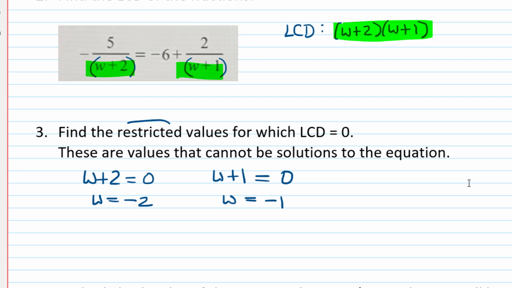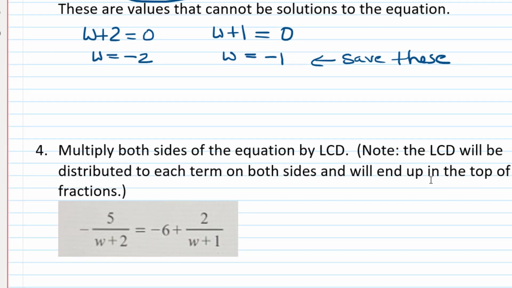These are our restricted values, and you want to keep these in mind because at the end, sometimes the process of solving the equation will try to trick us into thinking those can be solutions. So you have to compare to these at the end. So we're going to save these, and we're going to now use the LCD to solve the equation.